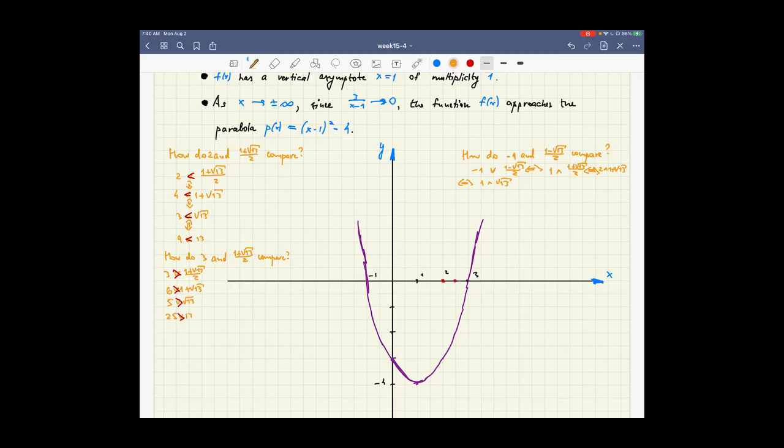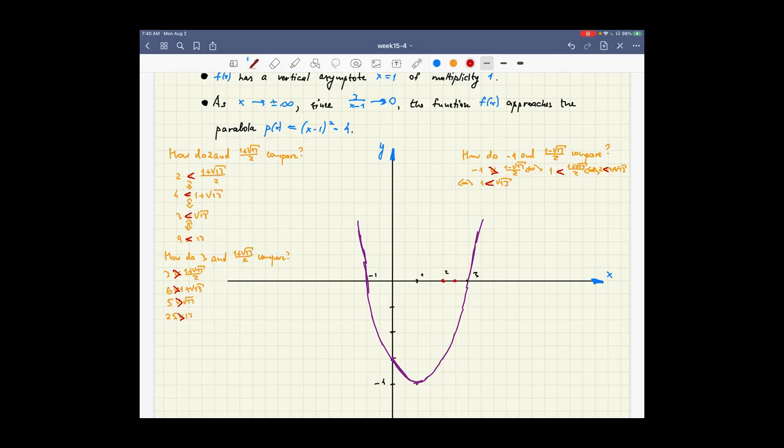And of course, 1 is less than root 13. So negative 1 is greater than that number.